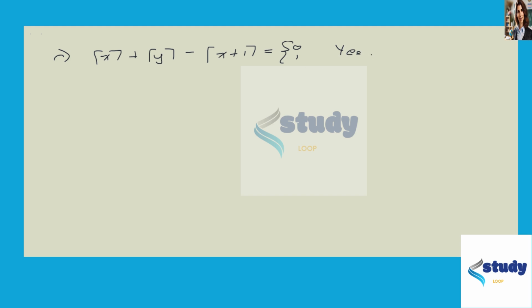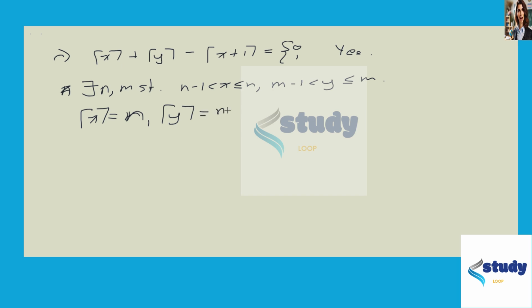To prove it, we consider that because these are ceiling functions, there exist n and m such that n minus 1 is less than x less than or equal to n, and m minus 1 is less than y less than or equal to m. So the ceiling of x is equal to n, and the ceiling of y is equal to m.